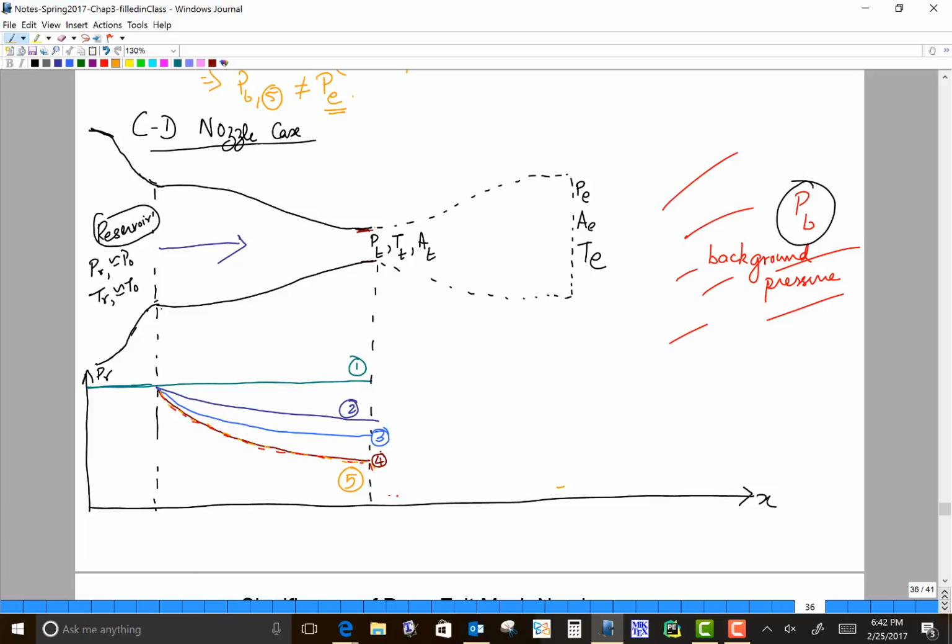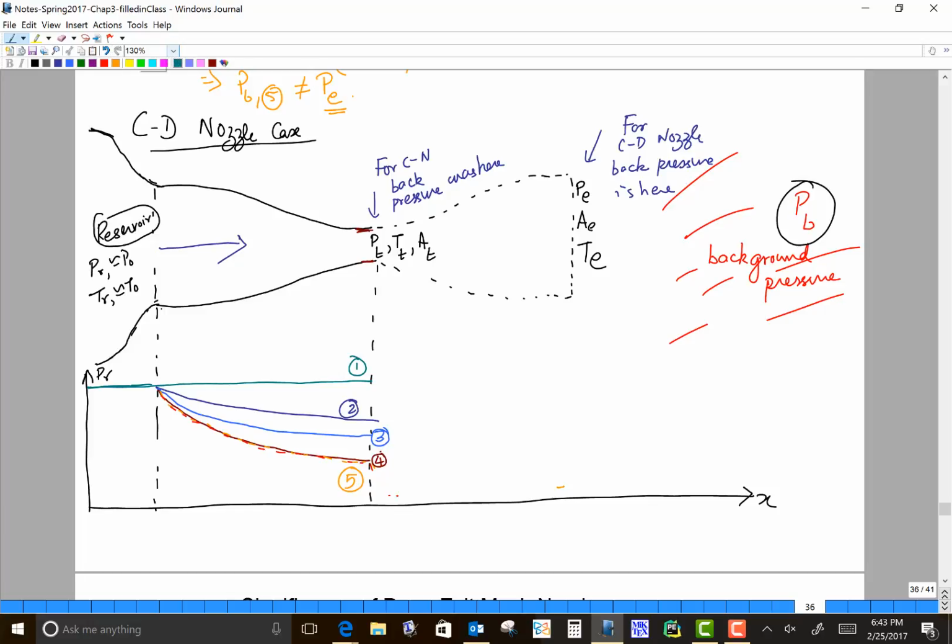In the previous converging nozzle, let me use a blue color, the back pressure was here, and for the converging diverging nozzle, the back pressure is here. There are some interesting possibilities that this is going to generate, and I'm going to tell you what those are.